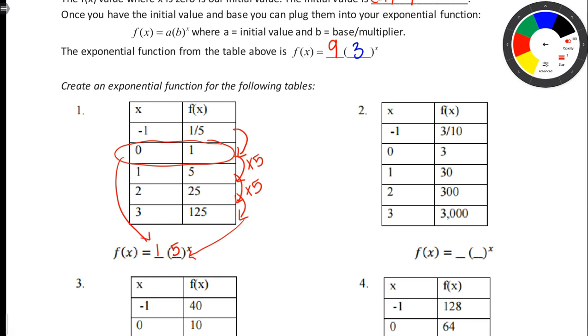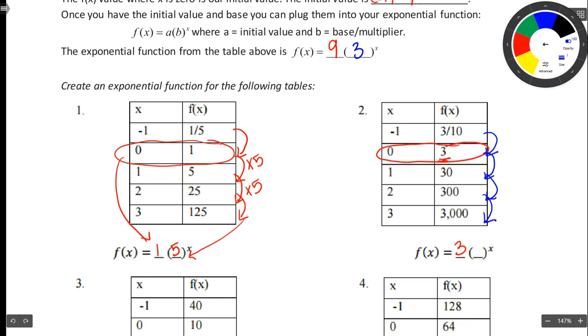Next example, we're looking at the same thing. Our starting value is wherever our x is equal to 0. So my starting value is 3. Now let's take a look at what I do to get to the next number.